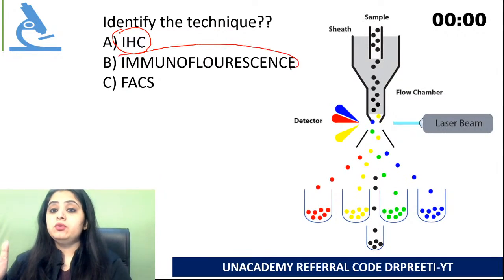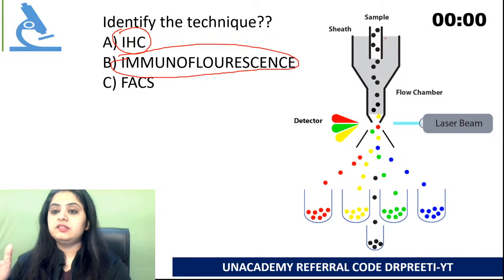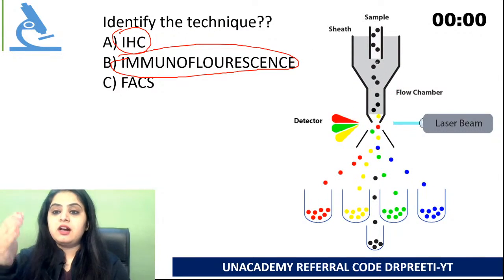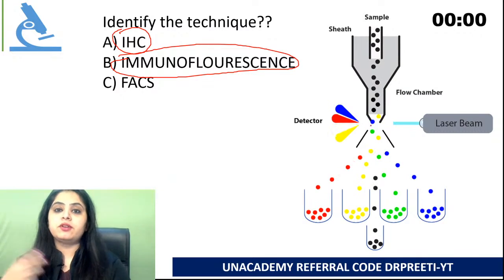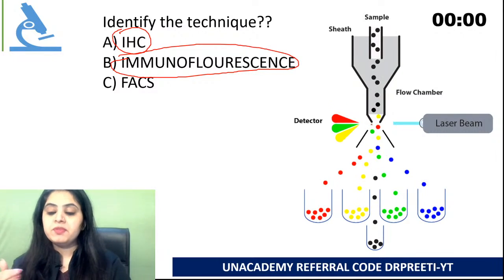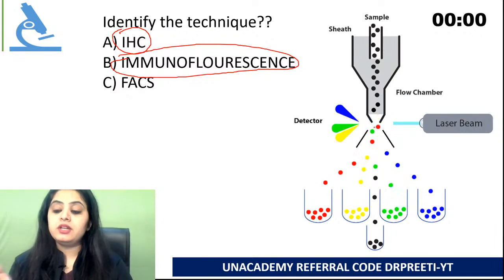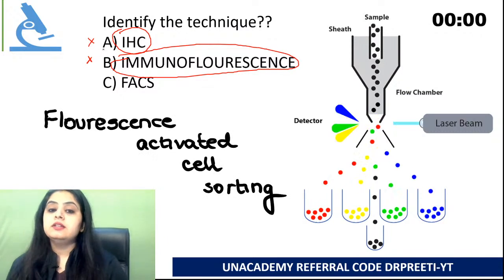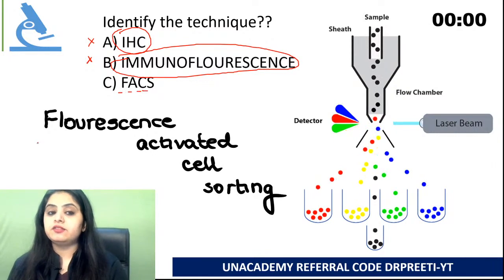It could be immunofluorescence, but no, this is a machine, and you can see that the cells are flowing. You can see this GIF. I've tried to include some GIFs today. Yes, this is FACS. What is the full form of FACS? This is not IHC, not immunofluorescence. This is FACS, fluorescence activated cell sorting.